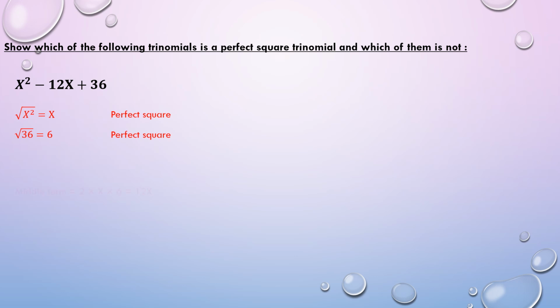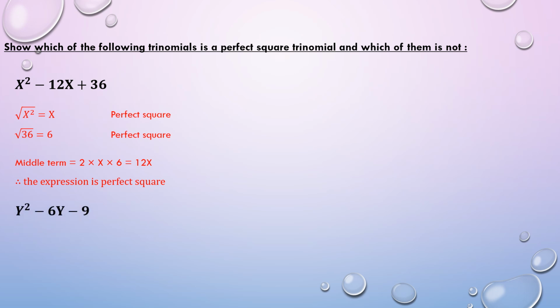The middle term: 2 multiplied by the square root of the first multiplied by the square root of the third. 2 multiplied by x multiplied by 6 equals 12x, so x power 2 minus 12x plus 36 is a perfect square. This expression is perfect.